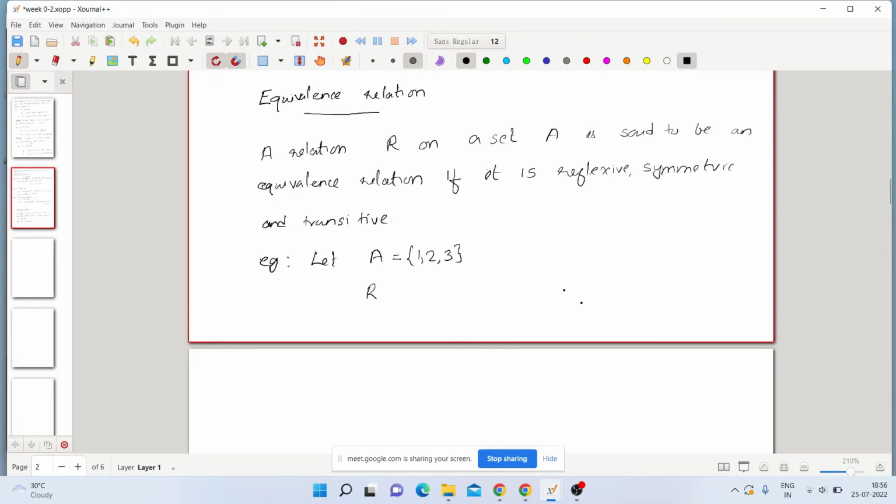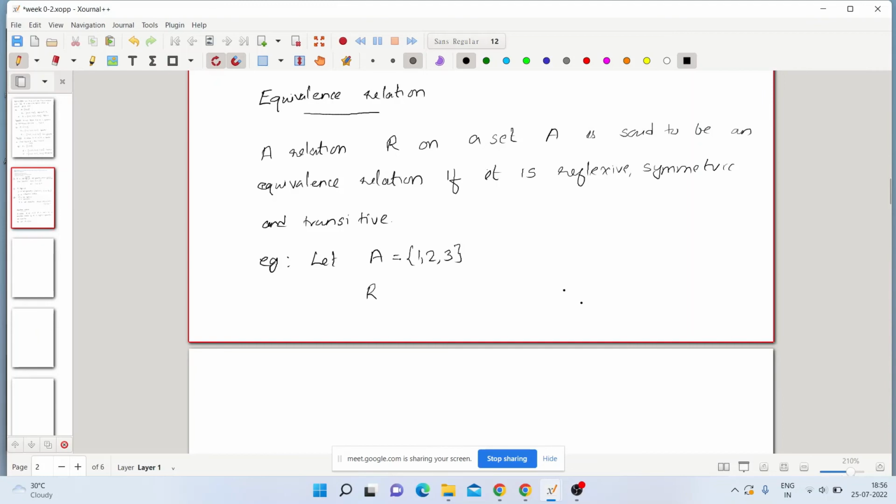Now what is a bijective function? If f is both one-to-one and onto, then f is a bijective function. That is the definition of a bijective function. If it is one-to-one and onto, it is bijective. Conversely, if it is bijective, then it should be one-to-one and onto.